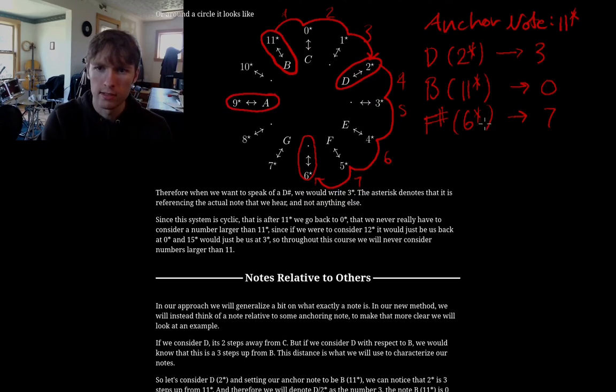We can already start to see a pattern emerging, which is that the anchor note is one more than the note number. So when it's 2, it's 3. When it's 11, it's 0 because it's a cycle; after 11 comes 0. And if it's 6, it's 7. So we'll try and answer it like that and see if it's correct. When it's the number 9, the note we reference it by should just be 10, right?